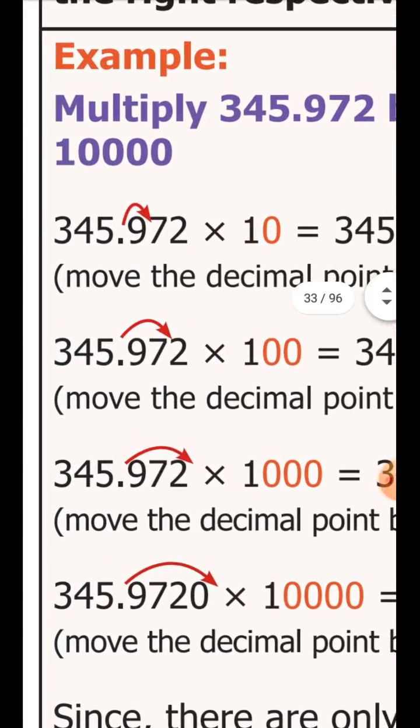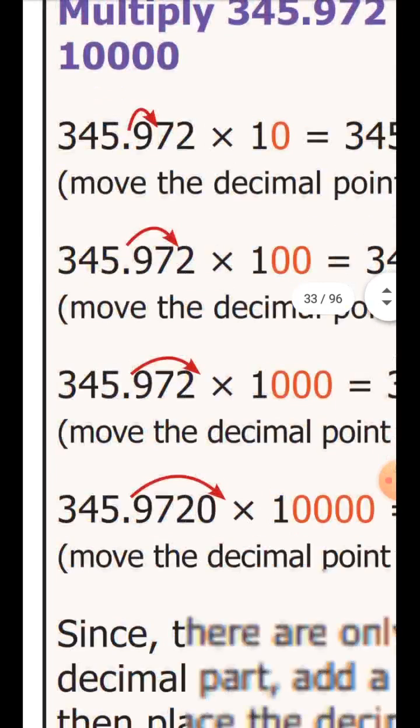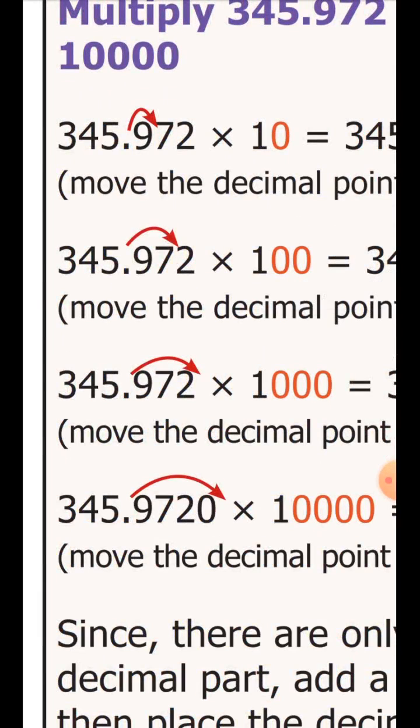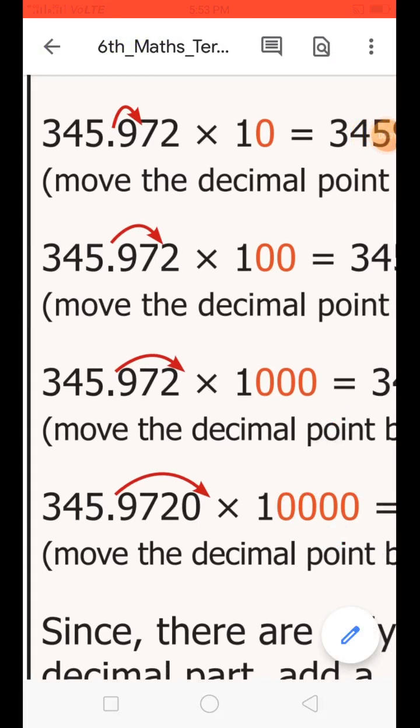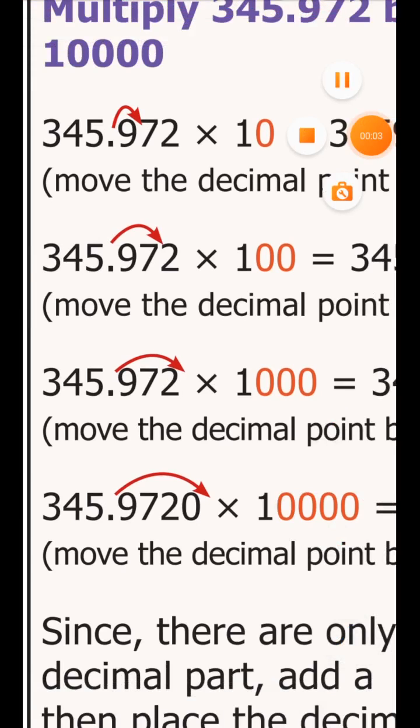Then multiply by 1000. How many zeros does 1000 have? Three zeros.